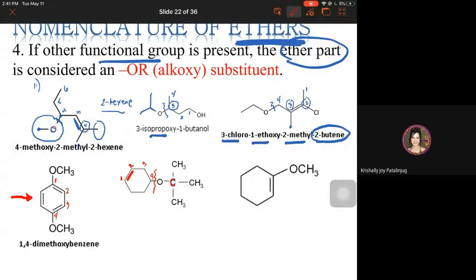That is the functional group. So this is cyclohexene as the parent. We don't indicate the position of the double bond, since with only one double bond, no need to cite the position. It is automatically between carbon 1 and carbon 2. The tert-butoxy is at carbon 4. Then lastly, you have cyclohexene: 1-methoxycyclohexene.